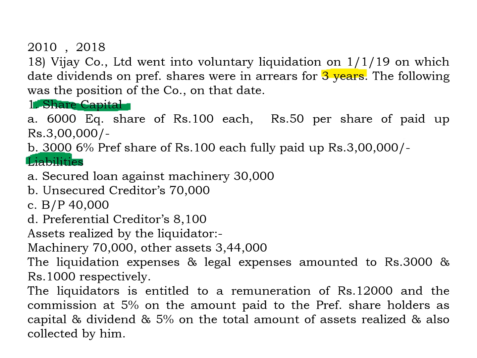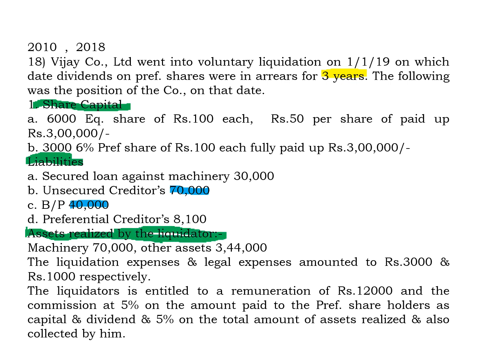So this is called secured creditor, 30,000. And then we have unsecured creditor, 70,000, and bills payable, 40,000. So both are called unsecured creditor. So 70,000 plus 40,000, total you get 1,10,000. Then we have preferential creditor, 8,100.